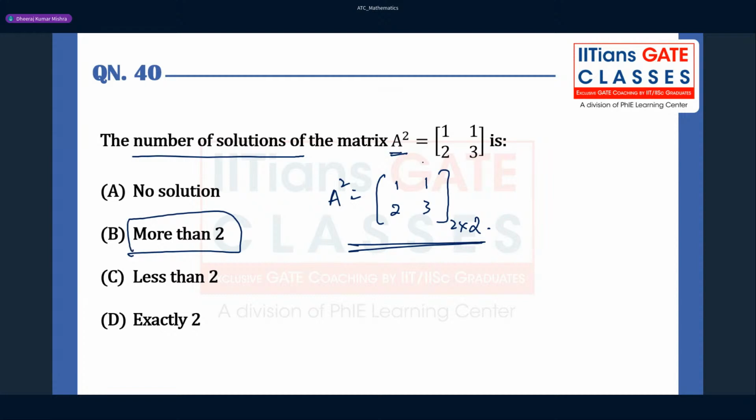So what we can do here is simply apply elimination, right? By applying elimination you can make this entry 0. You can consider this as matrix M. So here I'm just going to apply elimination. So 1, 1, this is 0, and this is 1. Okay, I think this is clear, right?